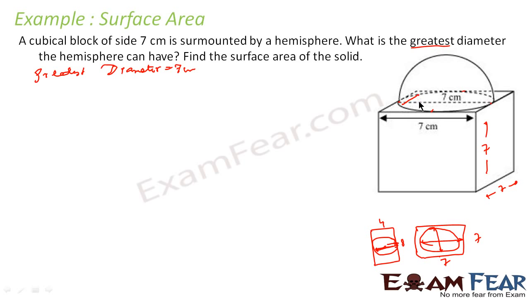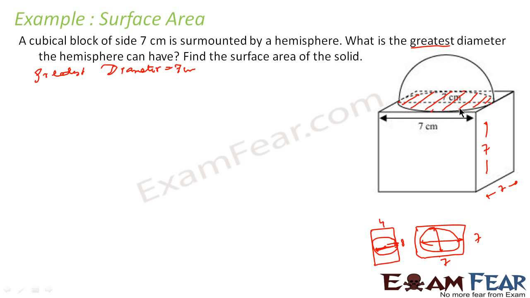This area is a common area. So when I put this hemisphere on this cube, this area is hidden. So we need not find the surface area of this. We have to find only the surface area of the portion which is in white. So this portion is hidden.